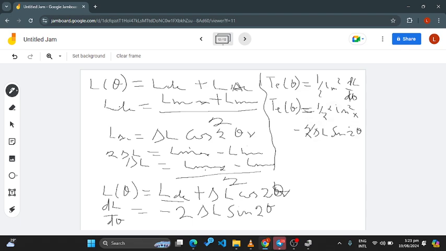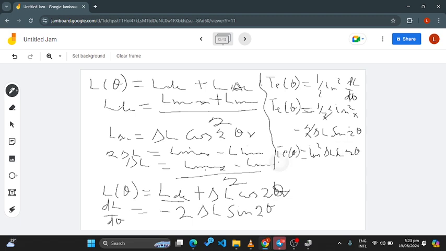These 2s cancel. So your torque function reduces to I_m squared change in L sine 2 theta.